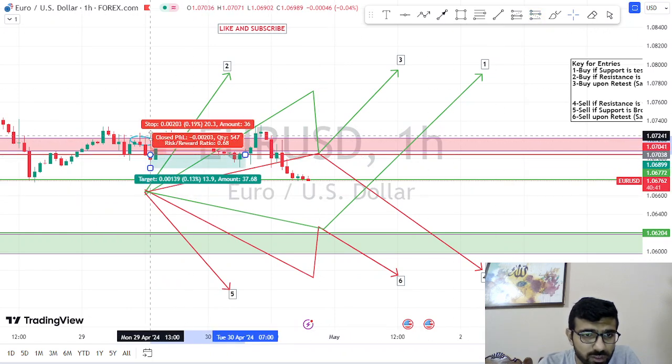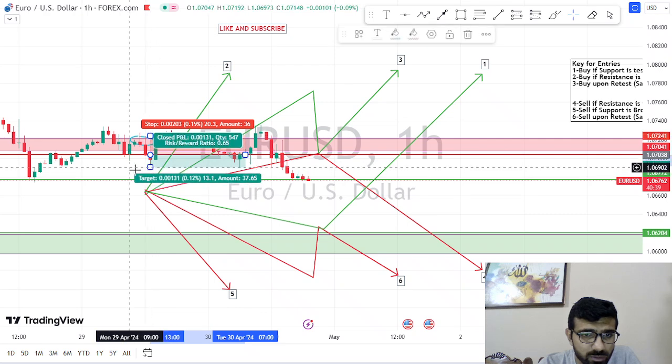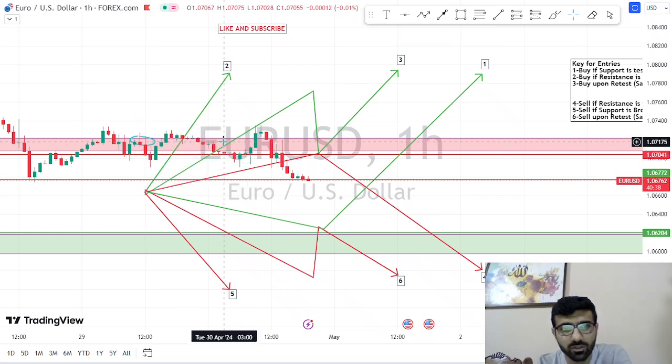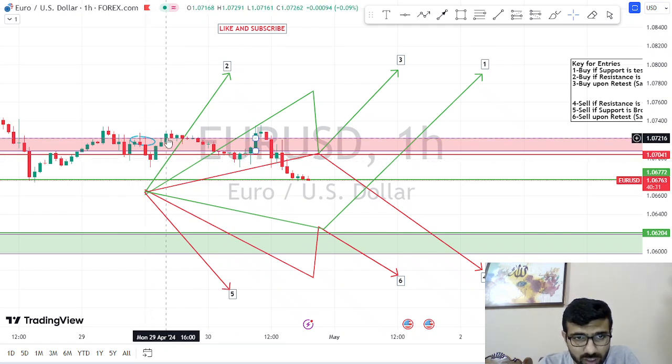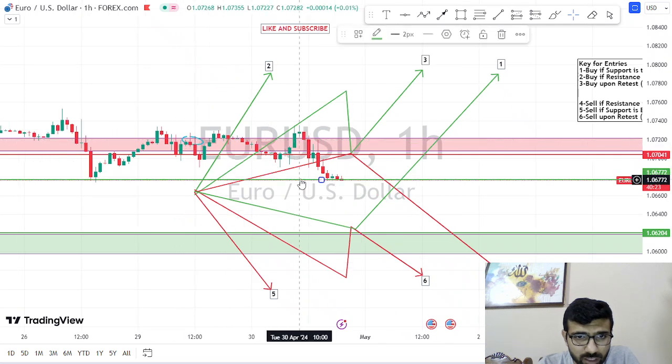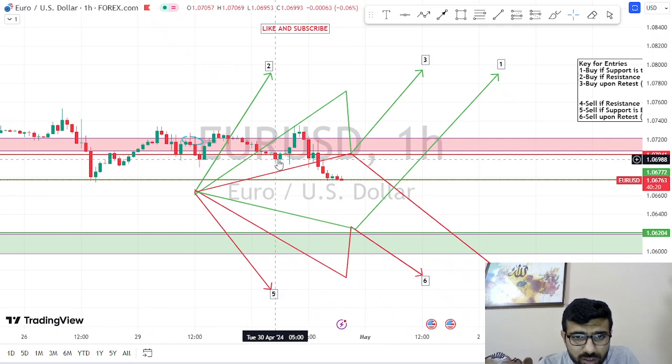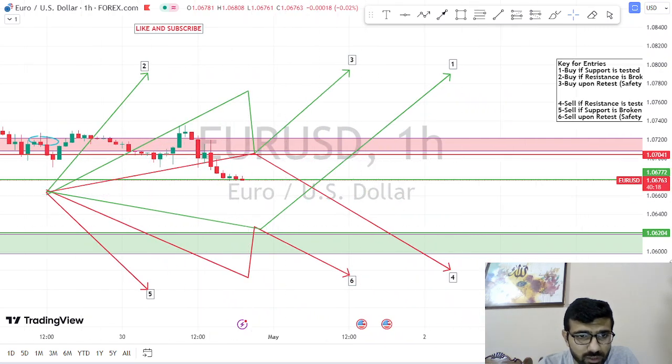Your stop loss will be just above the previous candle, and your take profit will be 0.6%. Okay, and then afterwards, market gave us another opportunity, but then you would have had a stop loss. From here, if you would have taken a long position, another stop loss hit, and once market came down, let me see, you could take a short position from here as well.